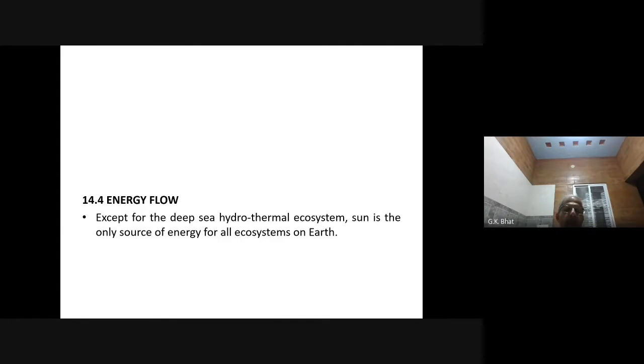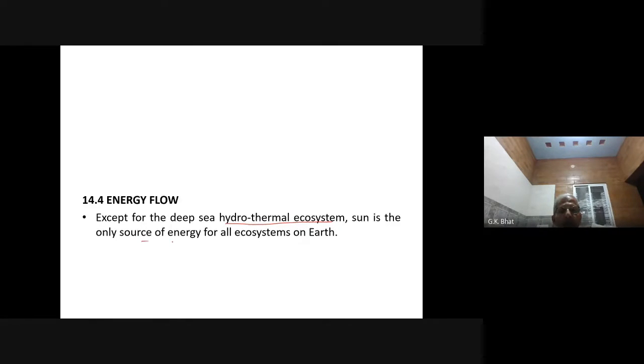Invariably it is a dark sea, no light at all, except where you come across hottest springs, just like volcanic eruption, where the temperature is more than 100 degrees centigrade.